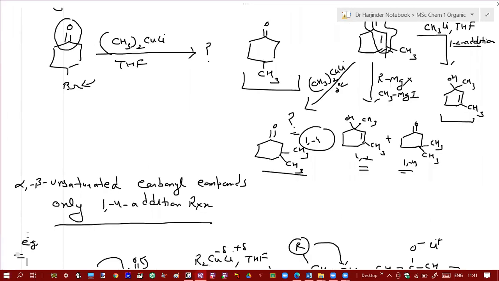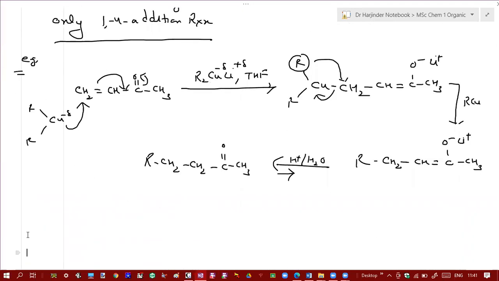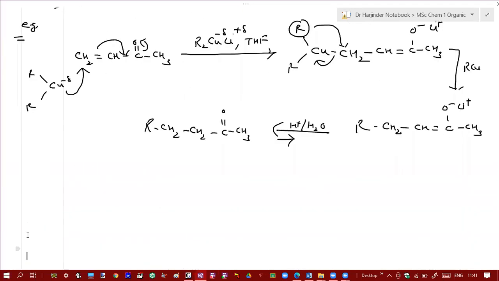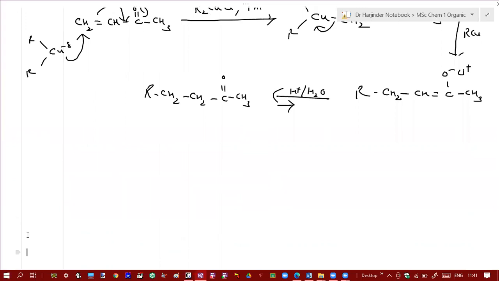Okay, let's take another question. As I told you, these Gilman reagents do not react with simple aldehydes or ketones. But out of different carbonyl compounds, which may be of many kinds, how many types of carbonyl compounds do we have?